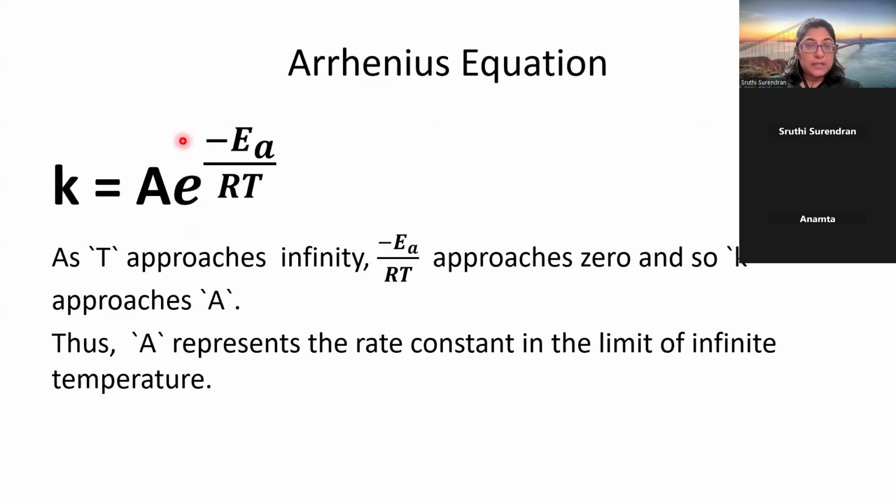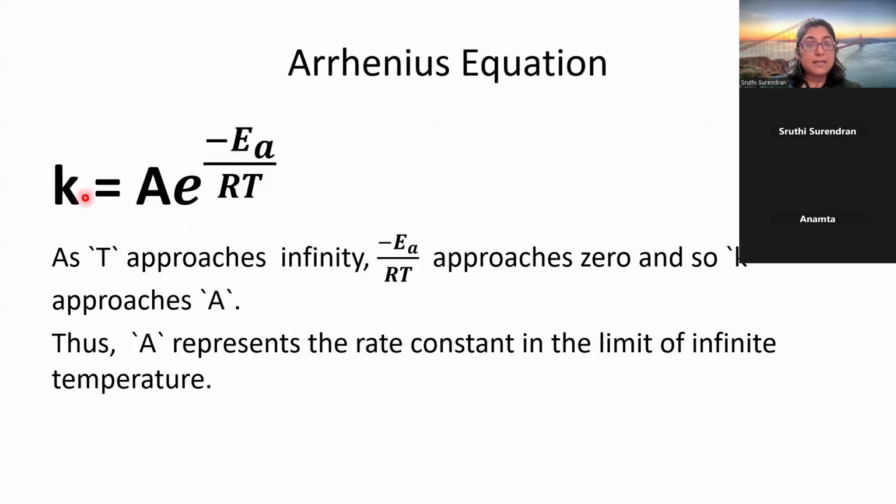Now, if you look at this equation, as T approaches infinity, the entire exponent value becomes zero, because anything divided by infinity is zero. So e to the power minus zero will be equal to 1.